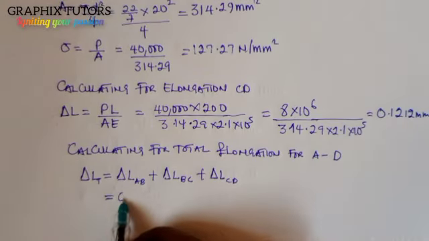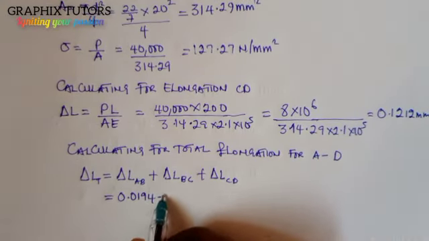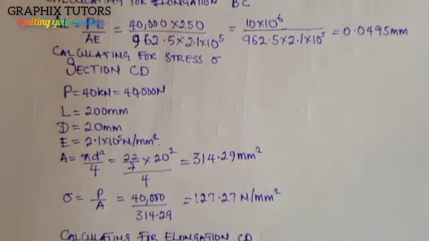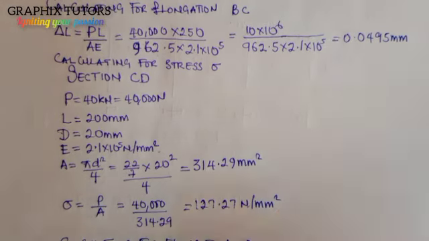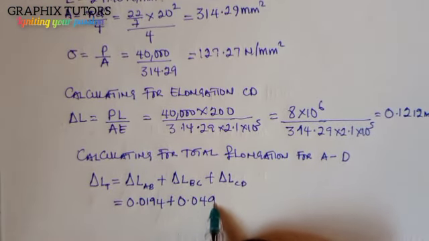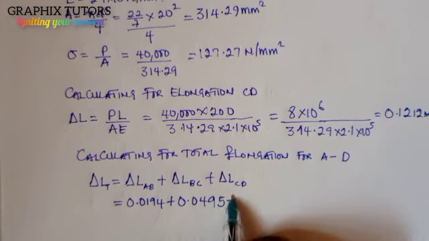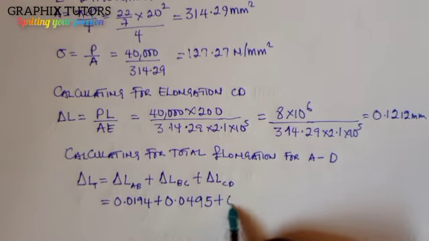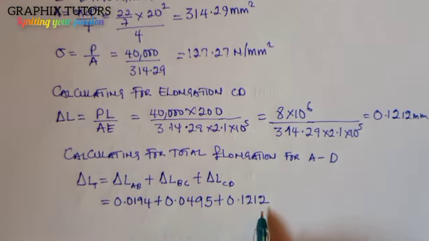So we have 0.0194 plus the elongation at BC, which is what we calculated, 0.0495, plus elongation at CD, which is what we have here, 0.1212. So if I add everything all together, I am going to have this.